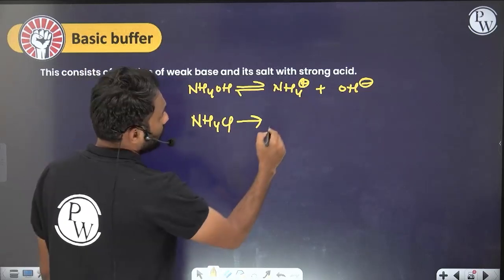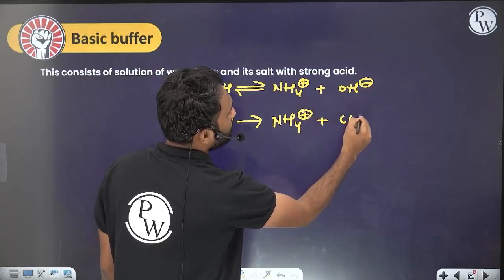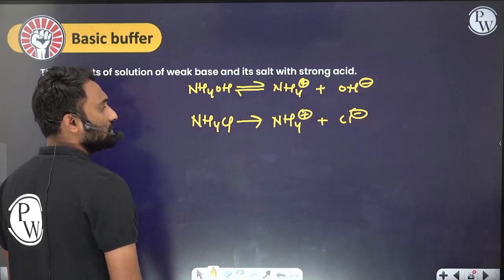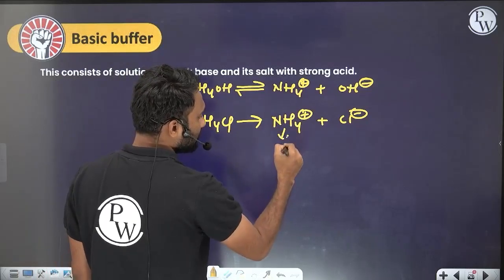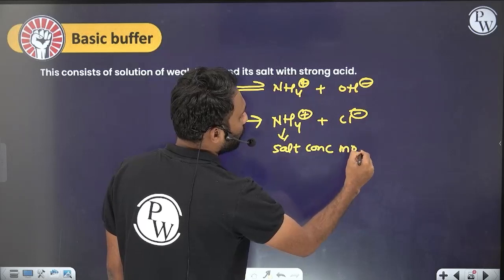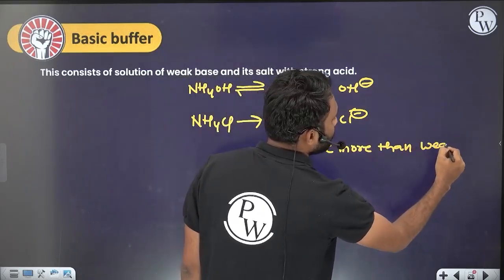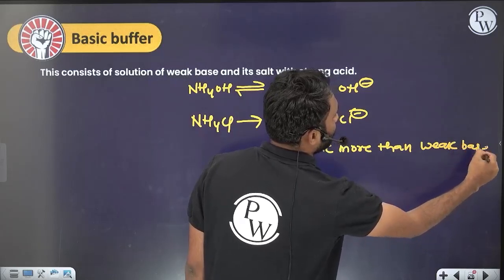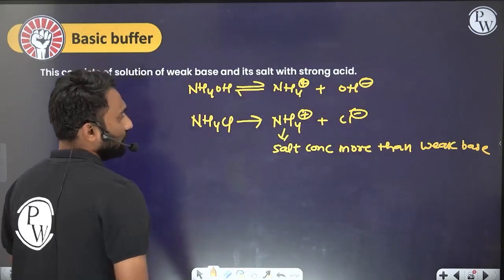Ammonium chloride has NH4 plus, Cl minus. Here the salt concentration is higher, salt concentration is more than the weak base, right?